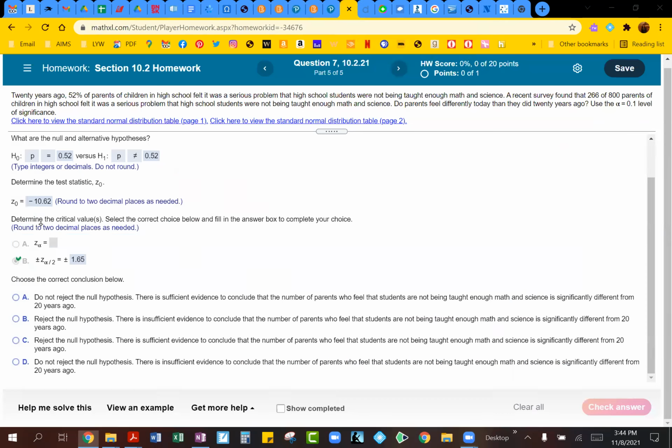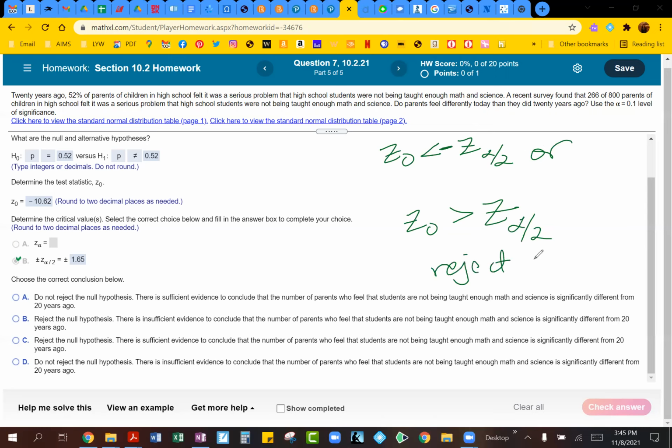Let me write that down over here. So if your test statistic z sub 0 is less than negative z alpha sub 2, or if z sub 0 is greater than the positive z alpha sub 2, then this is when you are rejecting the null hypothesis.